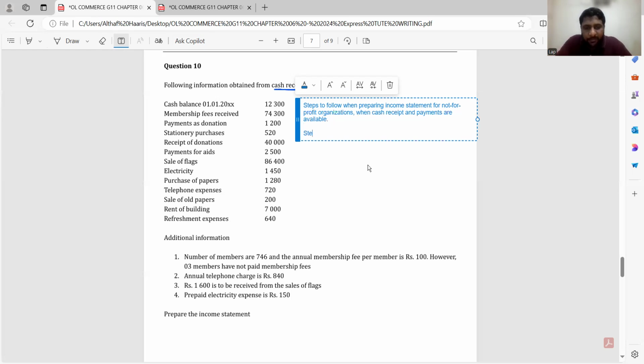Step 1. Identify income and expenses from the cash receipt and payment.